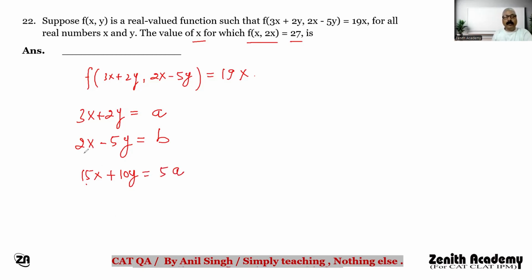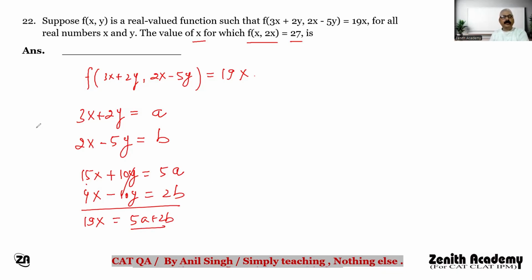And multiply the second by 2, 10x minus 10y is equal to 2b. If we add them, 15 plus 4 is 19x, and y cancels, equal to 5a plus 2b.